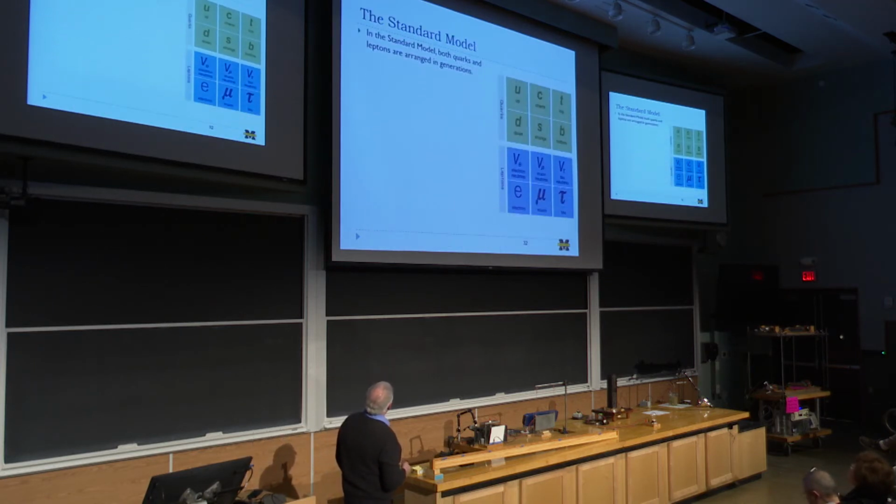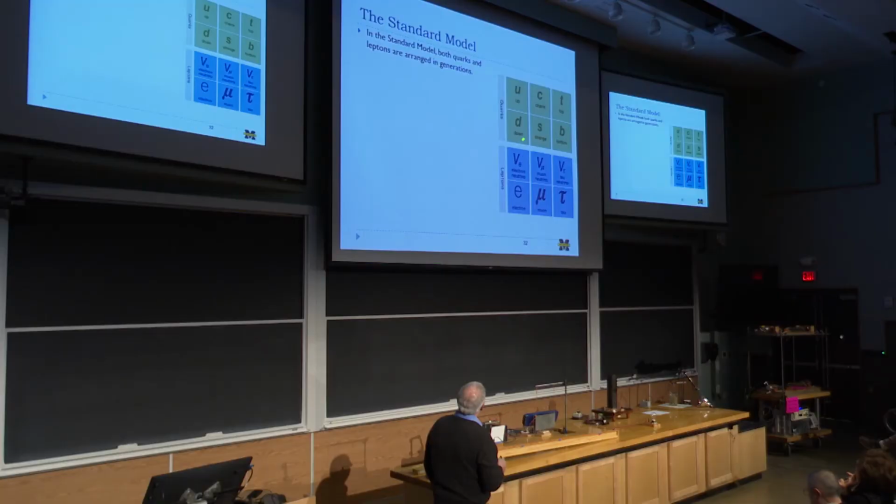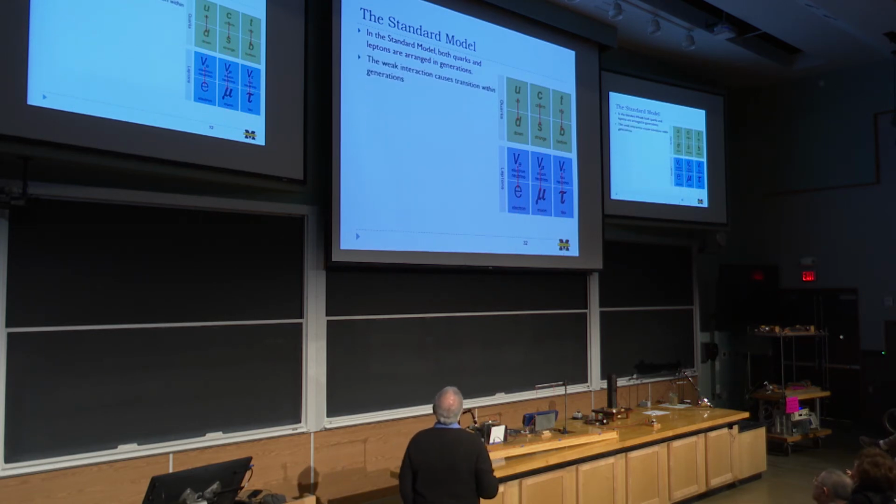And going back to our picture of the standard model again, we have up, down, charm, strange, top, bottom, the 3 leptons and their 3 charged electrons and their neutrinos. The weak interaction, this is the W, can interact with any of these pairs, like so.